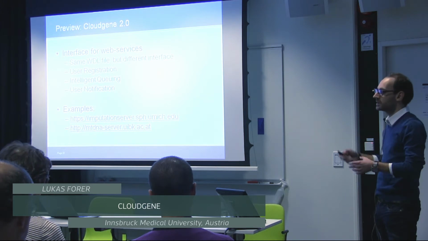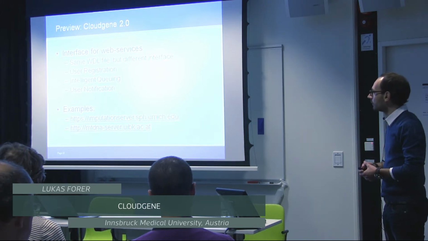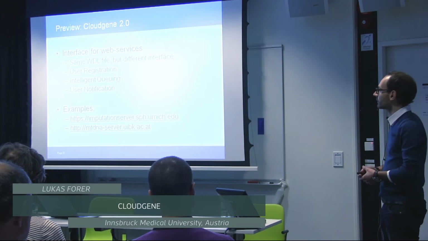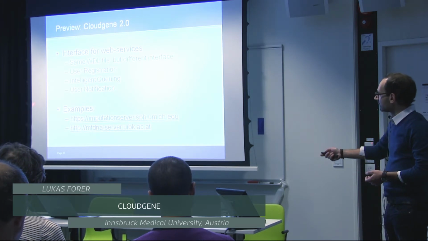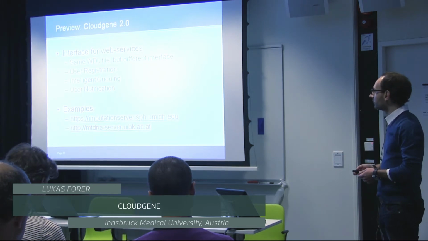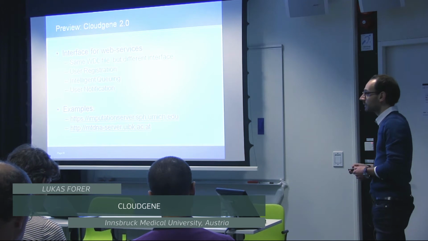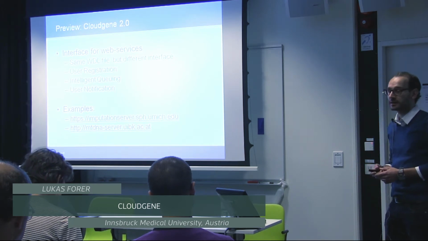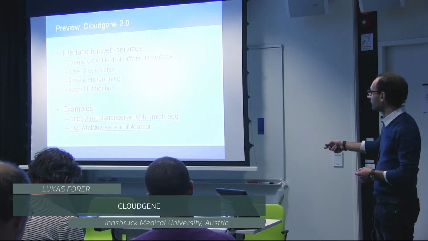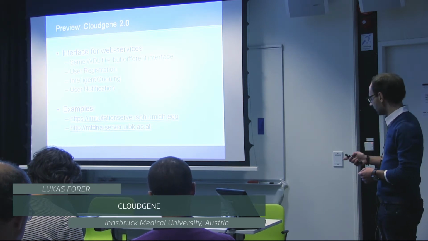We also have an administration panel where we can block users and get a feeling for our web service. Two examples which are used in CloudGene 2 are the imputation server and the DNA server, which were presented by Sebastian yesterday, and they are using our new web interface and our publicly available web services.